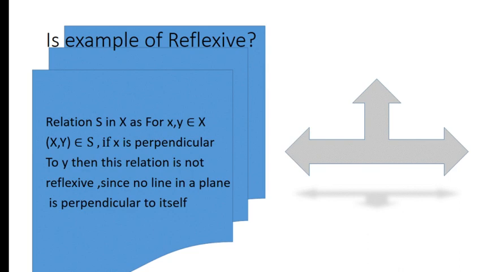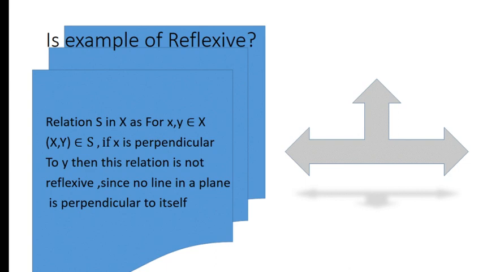Next, let us consider a second example, and see whether it is a reflexive relation or not. Consider set X, and a relation defined on the set X. Consider two elements in the set X, and the ordered pair (x, y) belongs to R means x is related to y if x is perpendicular to y.